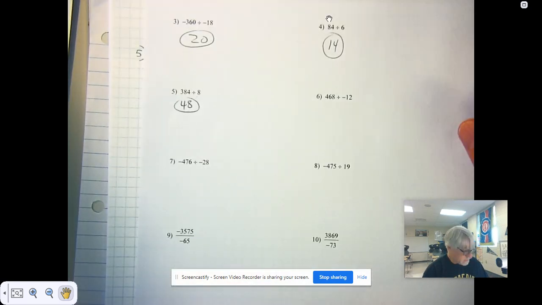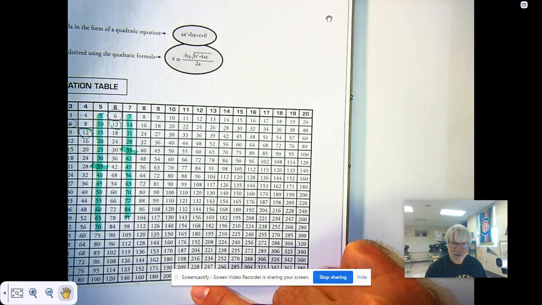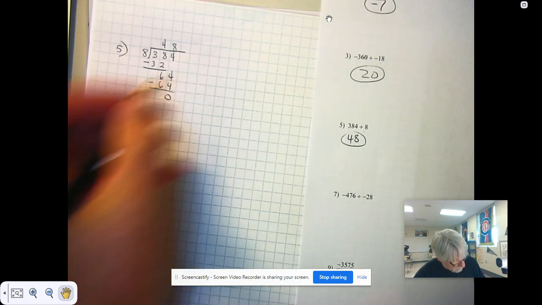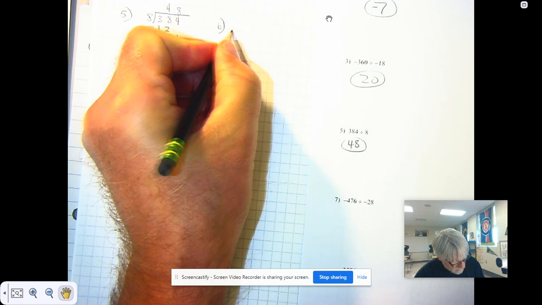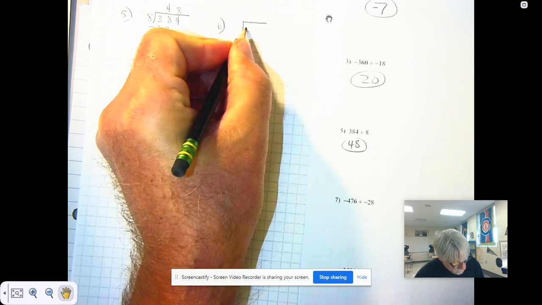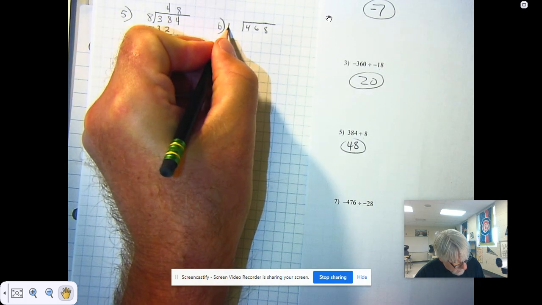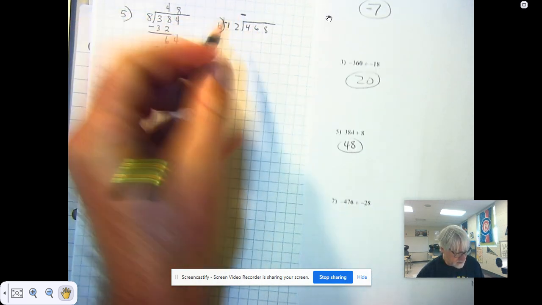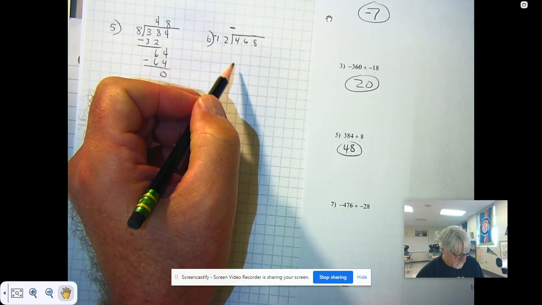Next problem, 468 divided by negative 12. So I'm looking underneath the 12, and I don't see a 468. So for number 6, I've got to set the 468 on the inside. Make this a little bit longer. And I've got negative 12 here, so my answer is going to be a negative because the signs are different on my dividend and divisor.